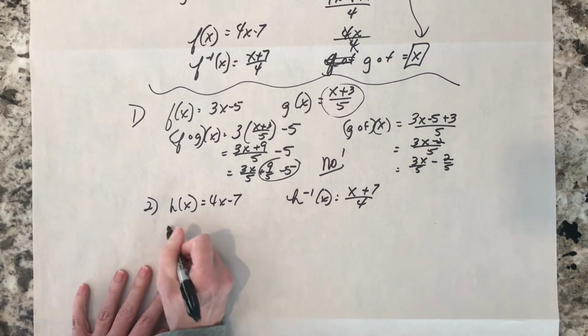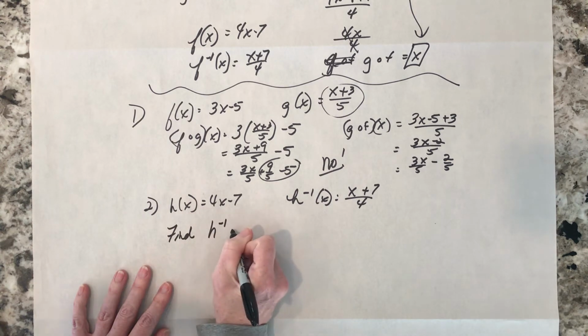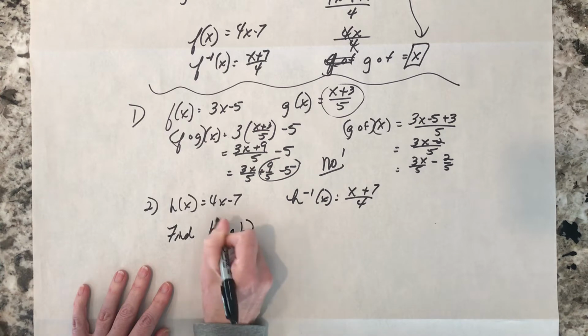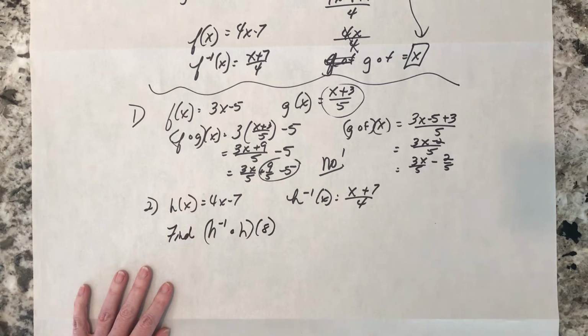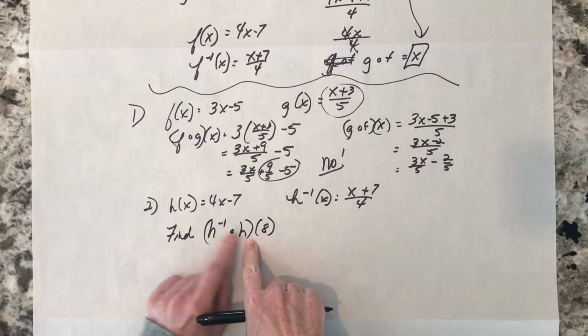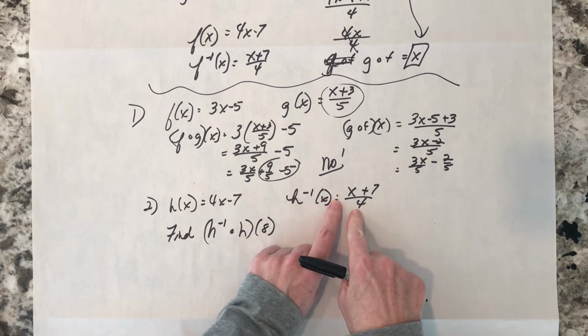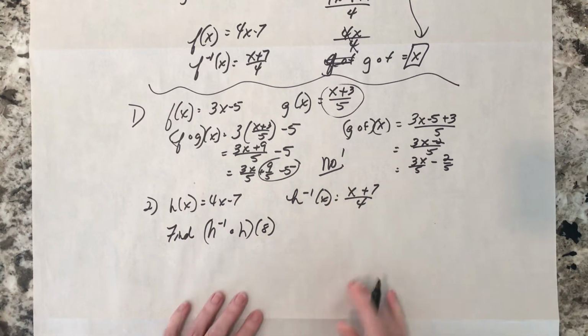They're asking you to find the inverse of h composed of h of 8. So they want us to plug 8 into the h function, into this one, and then take that answer and plug that answer into this function. So let's see what happens.